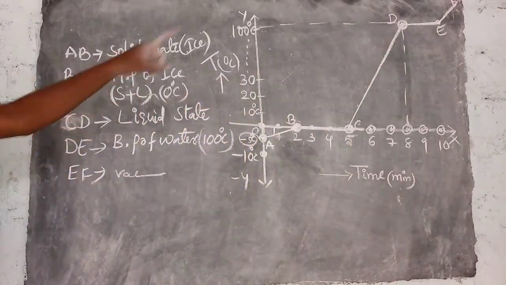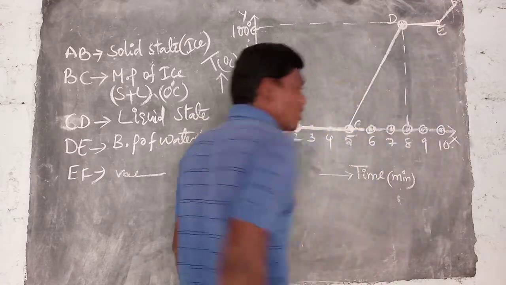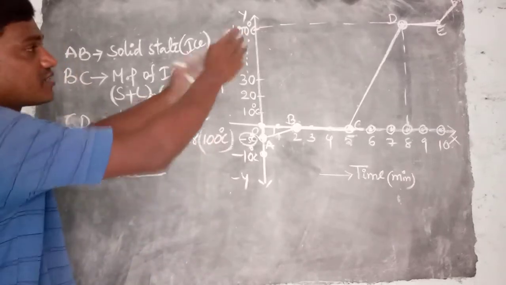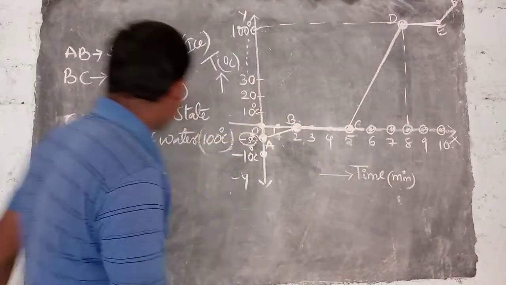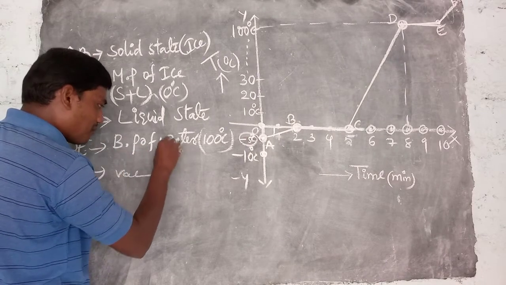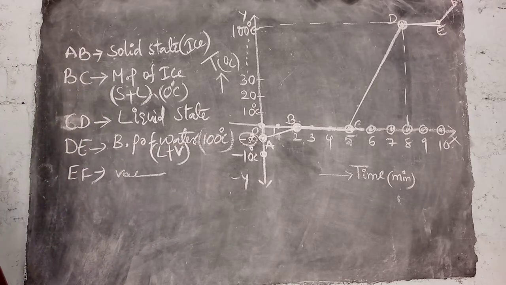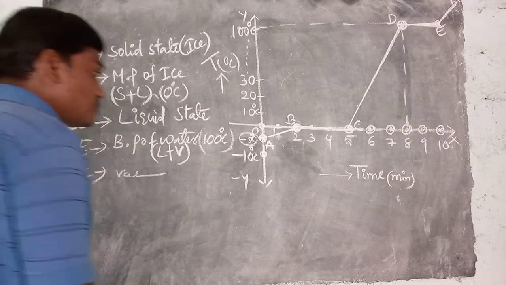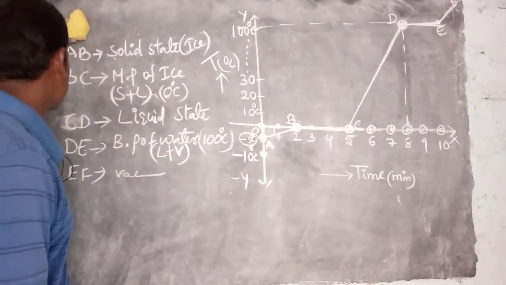Next, D to E represents the boiling point of water, that is 100 degrees Celsius. There also the temperature is constant, but which states are there at DE? Liquid phase plus vapor phase, both are there. Next, EF is only the vapor phase. This is what we observe in this diagram based on the concept.